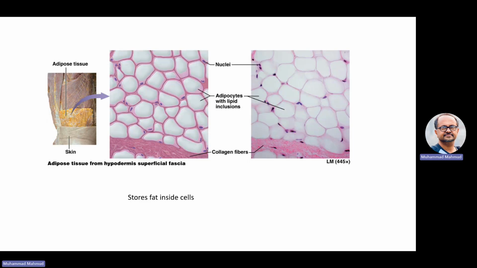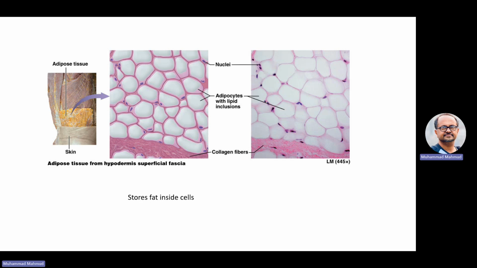We are discussing different types of connective tissues. The first one was epithelium, then this one is the connective tissue. One of the connective tissues contains fat cells. Adipose tissue is that. Adipose tissues have those fat cells.